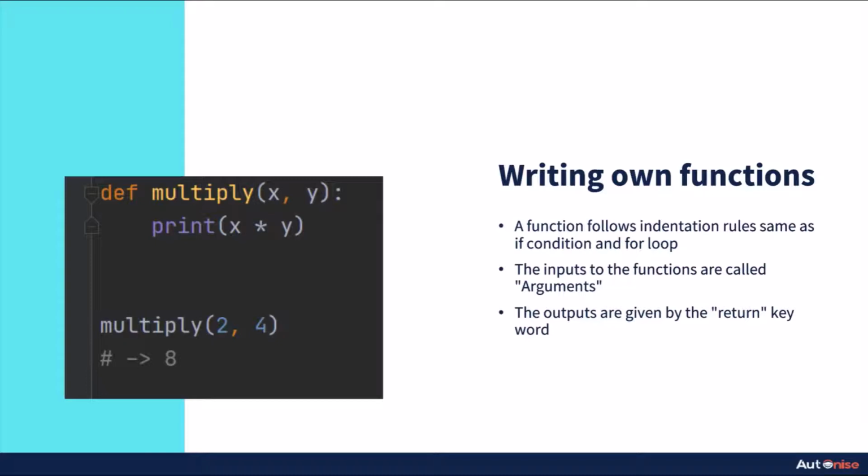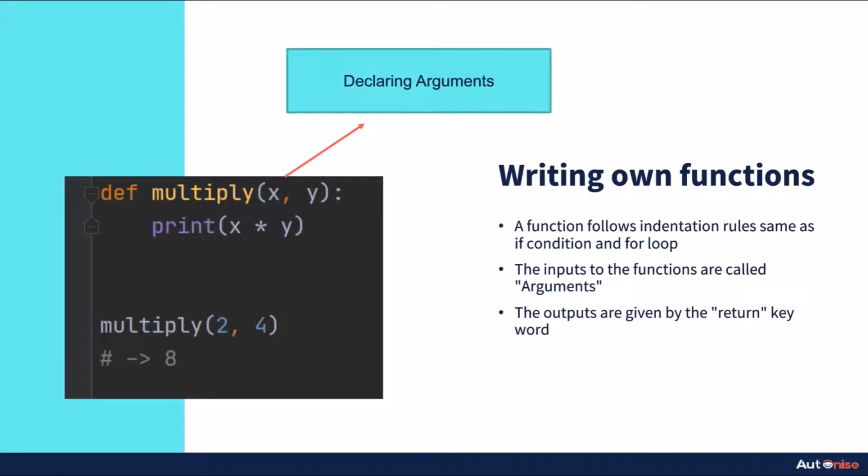So to define a function, we use def, then the name of a function, then we use parentheses, and inside these parentheses, we use some arguments. These arguments are the variables which you can use inside your function block.